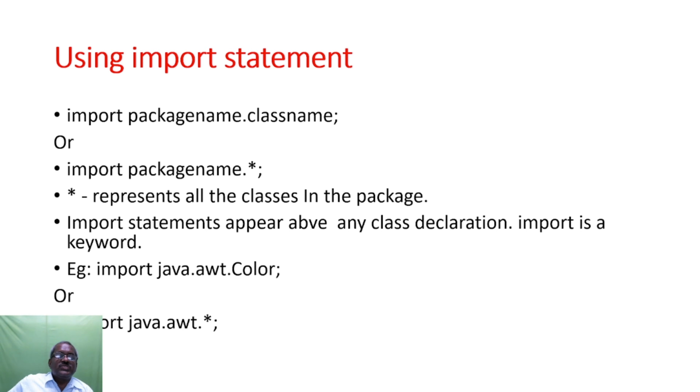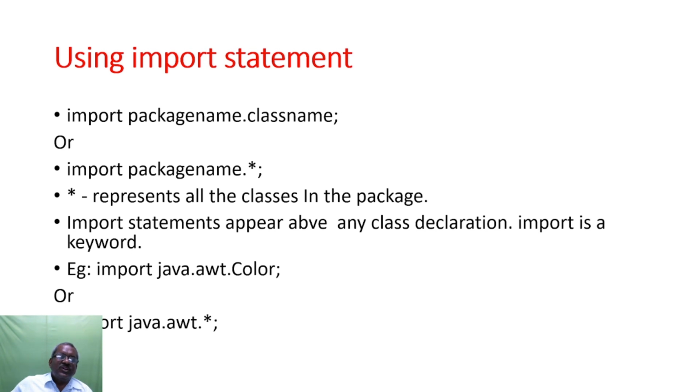You can also use import statements like this: import package name dot class name. If you want to import only one particular class, we can give the import statement like this.